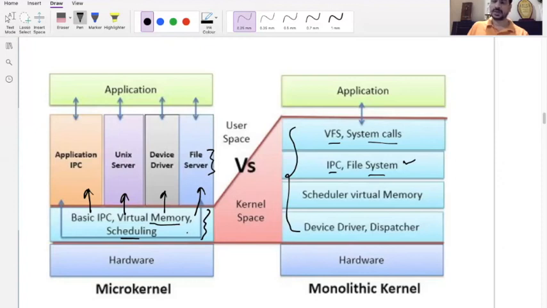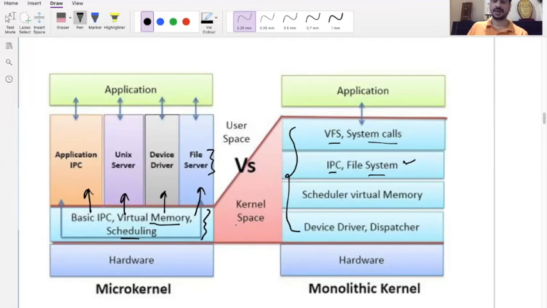When your system boots, this kernel program will be in your RAM and will run until you shut down your system. So this kernel will always be in your RAM. If you think your RAM space is very less, then don't use the monolithic kernel.